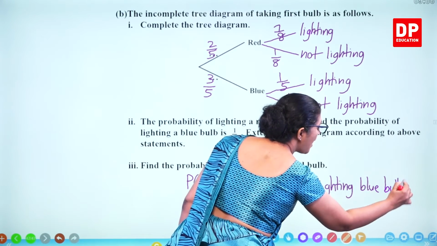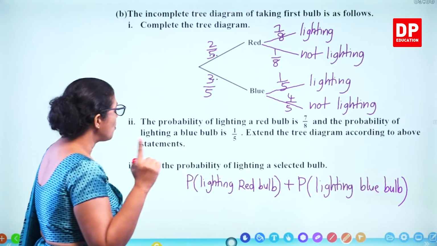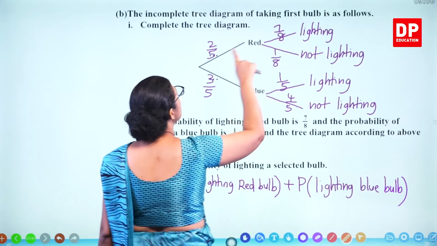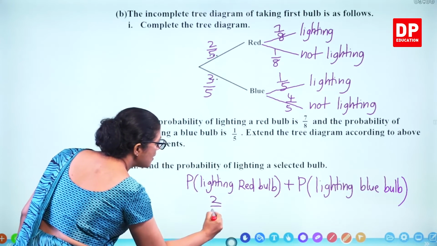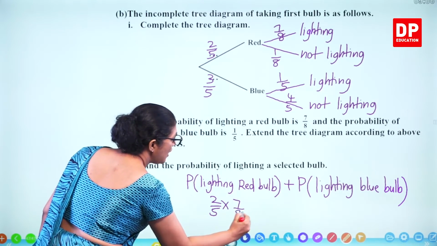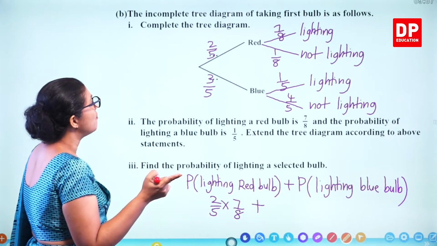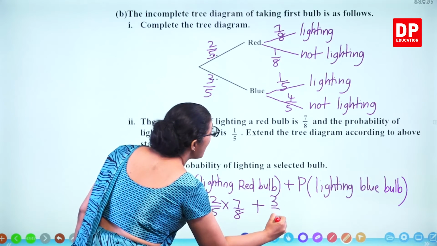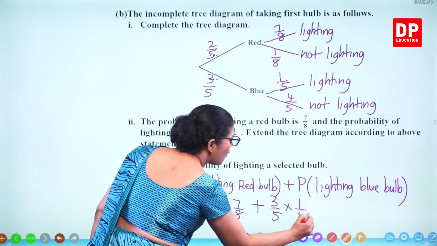So it can be either this or this. What is the probability of lighting red bulb? This part, 2 over 5 into 7 over 8. What's the lighting of a blue bulb? You have to select this part. 3 over 5 into 1 over 5.